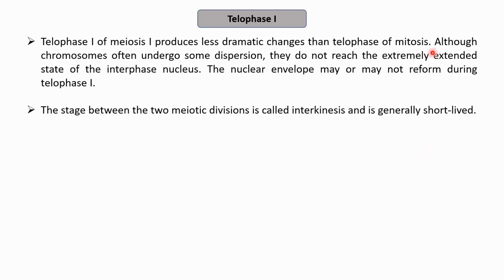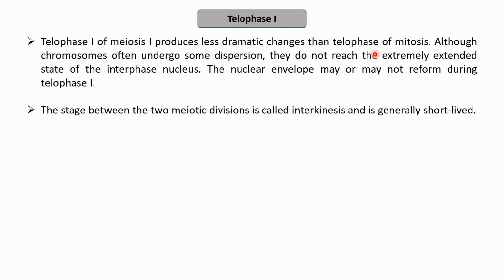After this metaphase and anaphase stage, we have a telophase stage. Telophase 1 of meiosis 1 produces less dramatic changes than telophase of mitosis, because after telophase 1 the cell again has to enter the meiosis 2 phase.